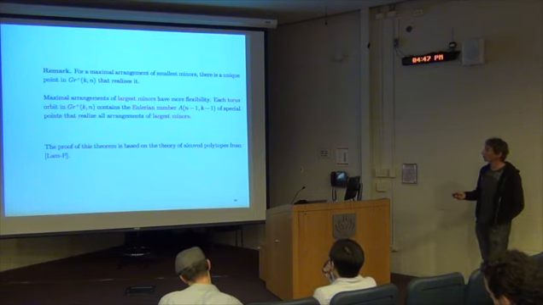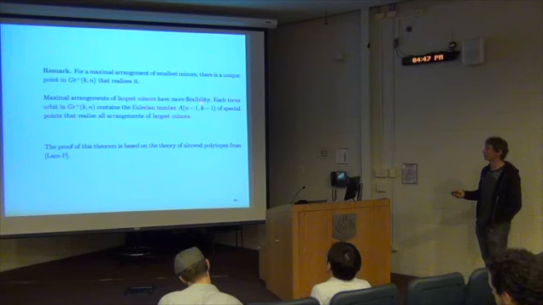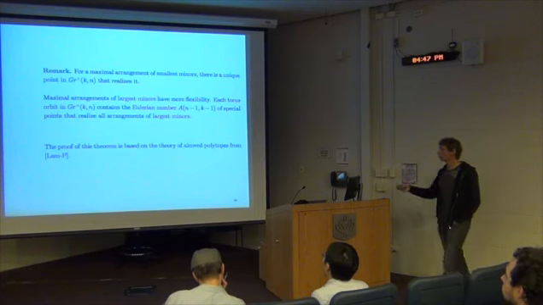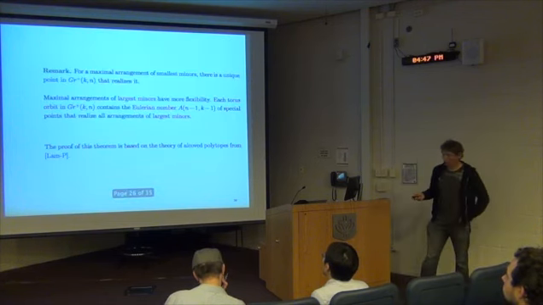For arrangements of largest minors, we have more flexibility. Each torus orbit contains the Eulerian number of special points that realize all arrangements of largest minors. This proof is based on the theory of Alcoved polytopes.